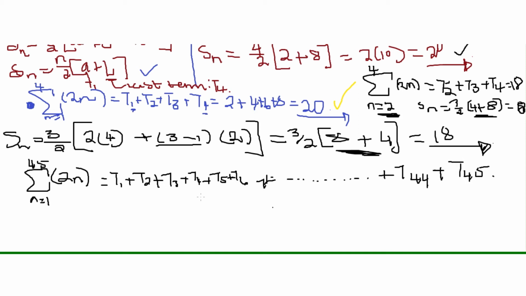You see, it's a lot of work, right? Then that's where the importance of this formula comes into place. The first thing you can do is just get t45, which equals your last number according to here, right? Where you see n in the tn formula, you put 45, then it's going to be 2 into 45.